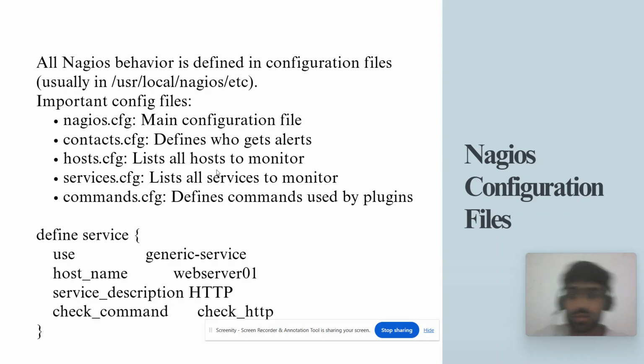Then there is hosts.cfg, which lists all hosts. Then there is services.cfg, which lists all services. Then there is contacts.cfg, which contains who gets alerts. Then there is commands.cfg, which holds custom checks and notification methods. So this is how the configuration files are written.